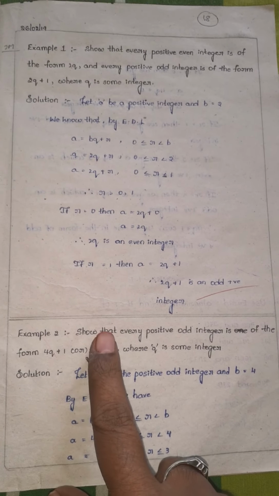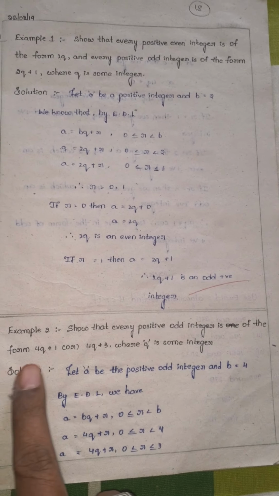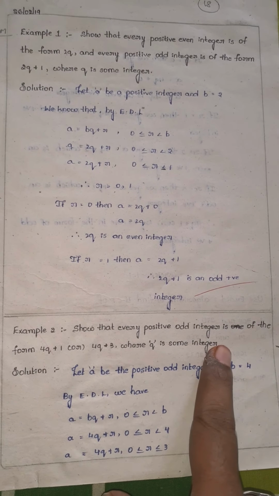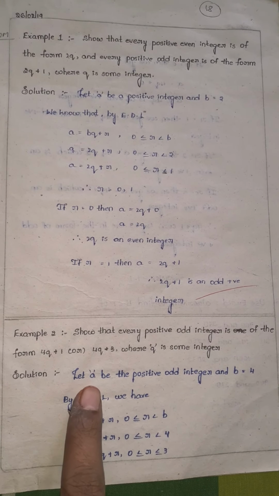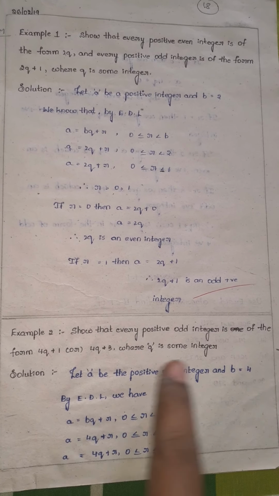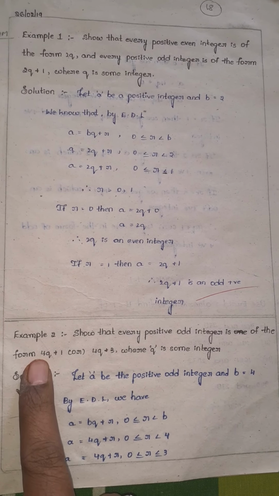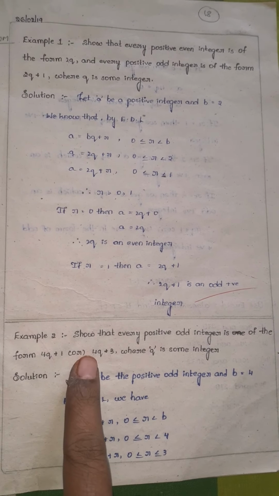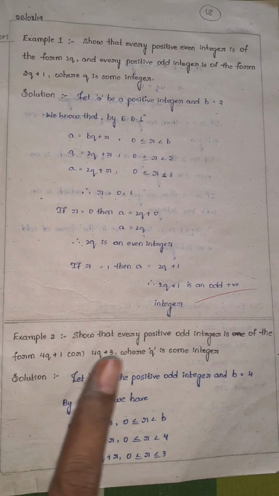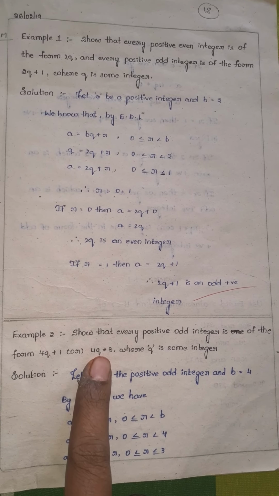Next question, same model. Show that every positive odd integer is of the form 4q plus 1 or 4q plus 3, where q is some integer. So let us assume a is a positive odd integer, and what is the value of b given here? 4. The coefficient of the variable is how much? 4. Here also it is the same: they will give the coefficient of the variable as the same number. If 4 is given here, he will not give 5 there.